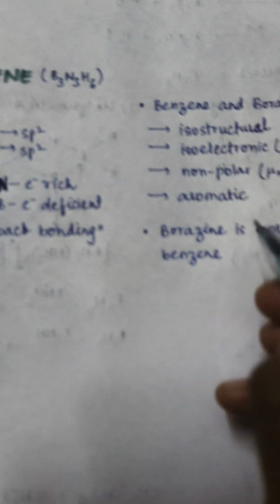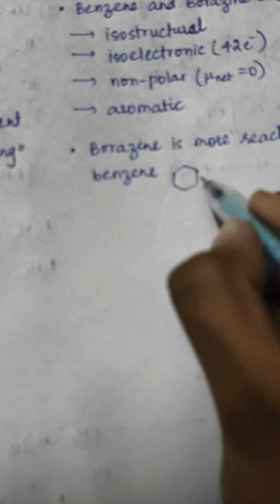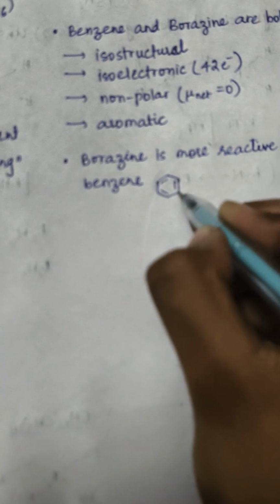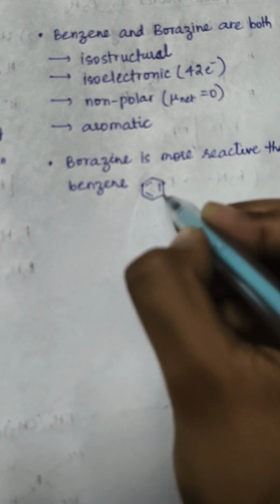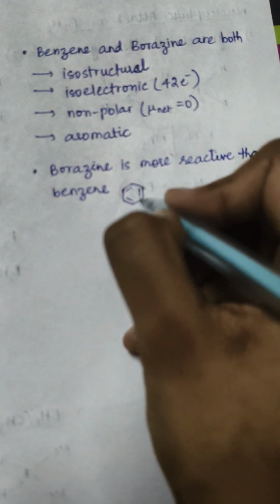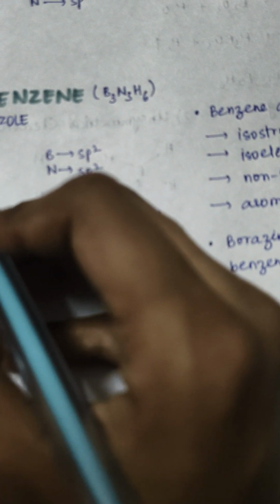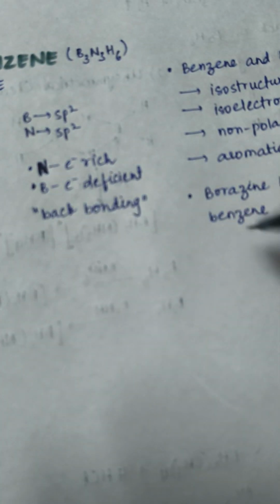And this is because here in benzene, you see here you have carbon, so there's no net dipole moment in the bonds. Here you have the dipole moment. So nitrogen is more electronegative than boron, so you have dipole moment here. Hence this is more reactive than benzene.